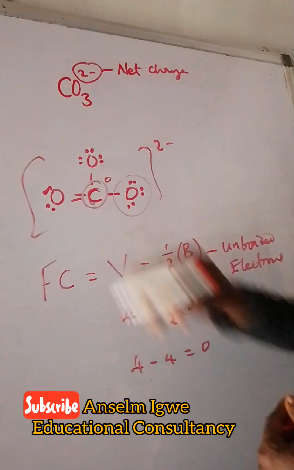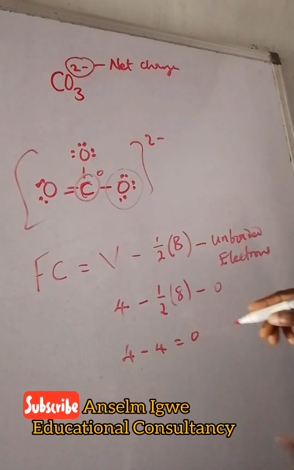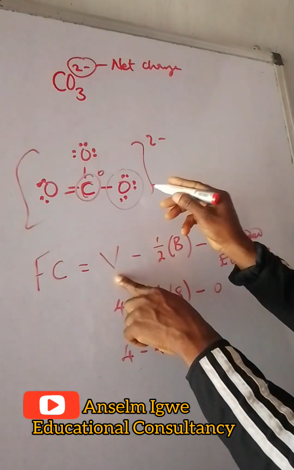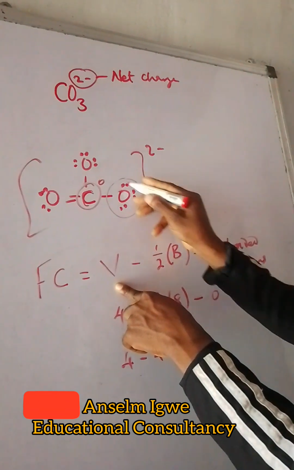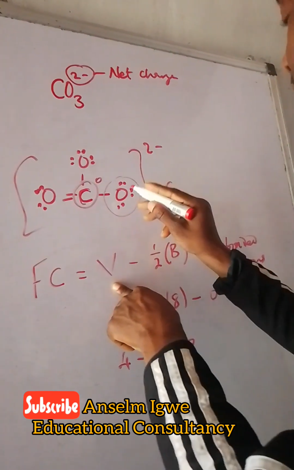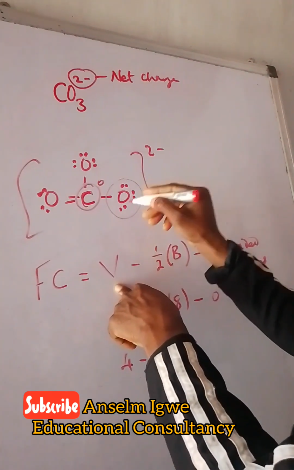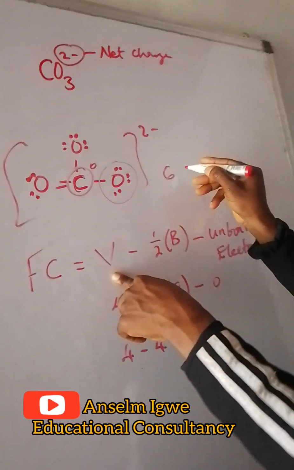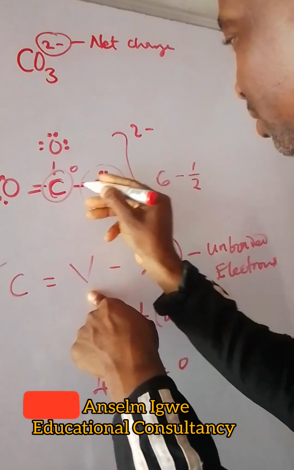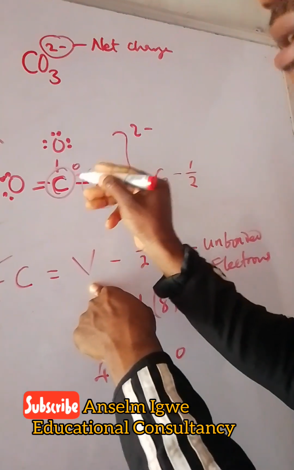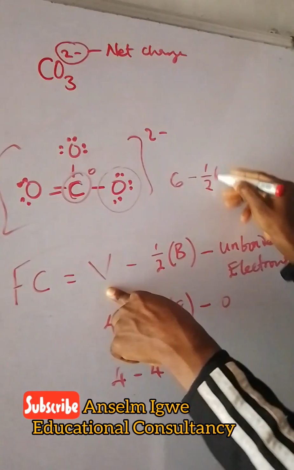Let's move to this particular oxygen. The valence electron for oxygen in the periodic table is 6. There are 6 electrons at the last shell of oxygen, minus half of the bonded electrons. There is only one bond connecting oxygen to carbon, and there are 2 electrons there.